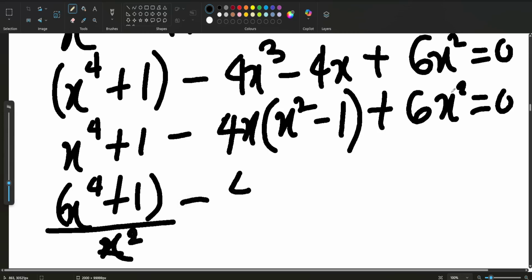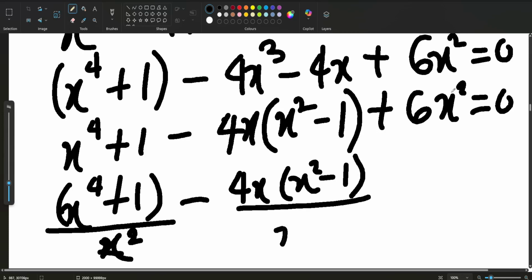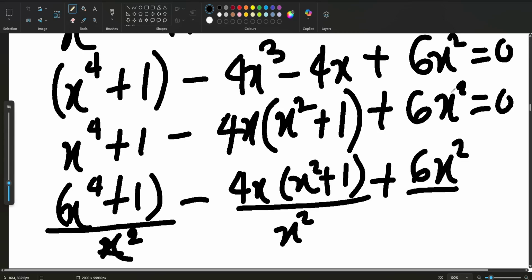Then this is 4x times x squared minus 1 divided by x squared, then plus 6x squared, sorry, this is supposed to be plus, all over x squared.